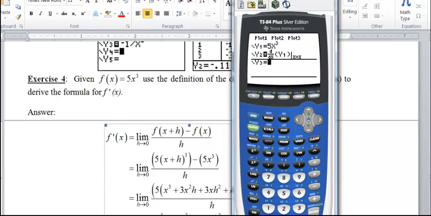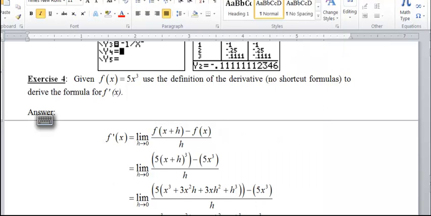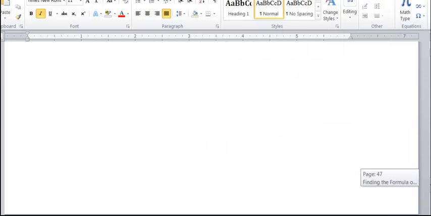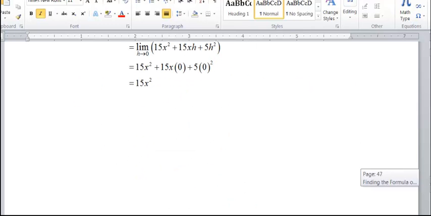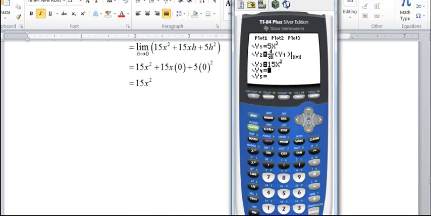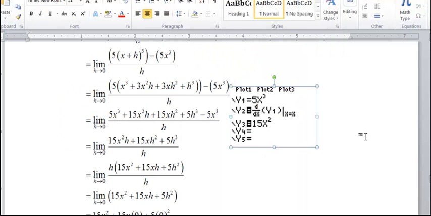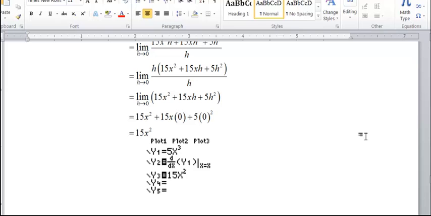Y2 is the symmetric difference quotient, the numerical derivative. Y3 was our answer, which was 15x squared. Is that what we got? So down here again. Yep, 15x squared. And now, hopefully that's right.